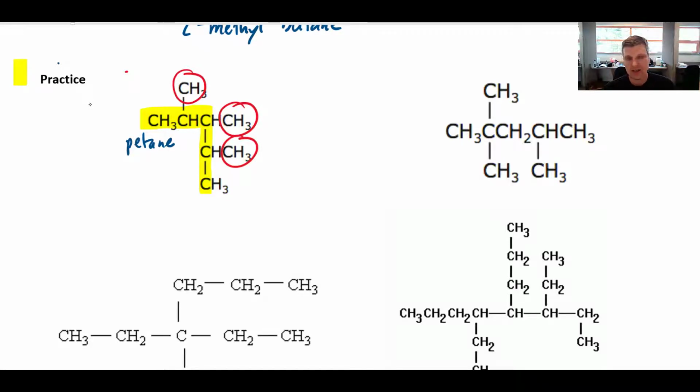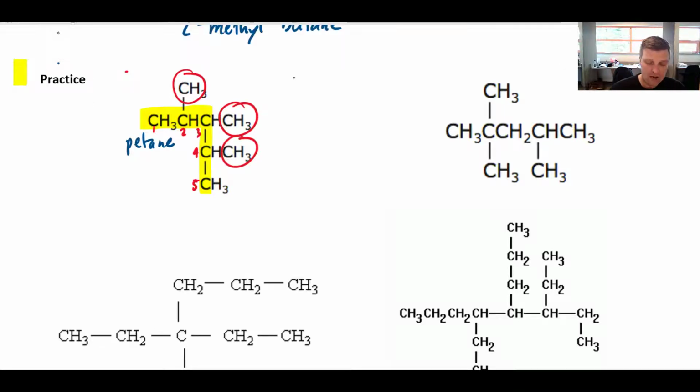In this case, I think it doesn't really matter which way I go. I could start numbering from here, 1, 2, 3, 4, 5, and then my methyl groups will be on the 2, 3, and 4 carbons. If I had started numbering from the bottom carbon and worked backwards, you'll see that the methyl groups end up on the 2, 3, and 4 carbons. So it doesn't really matter which way you number it. Either way, I'm going to end up with the same answer.